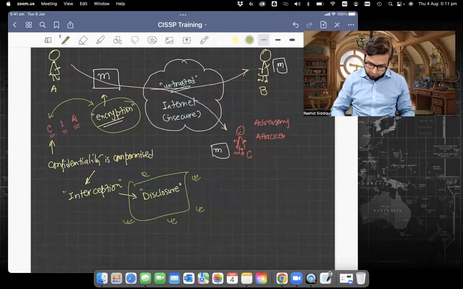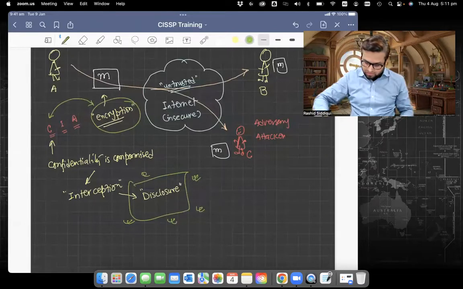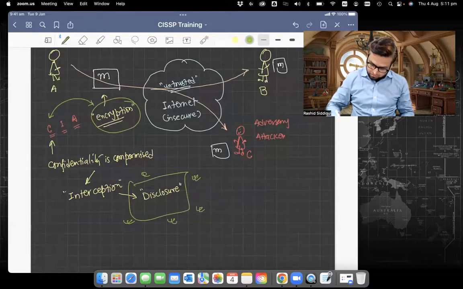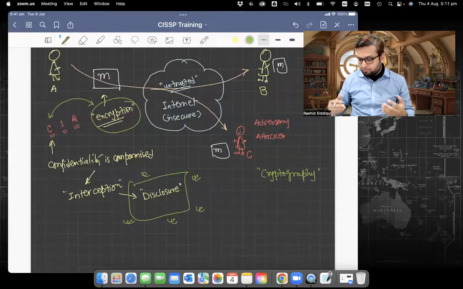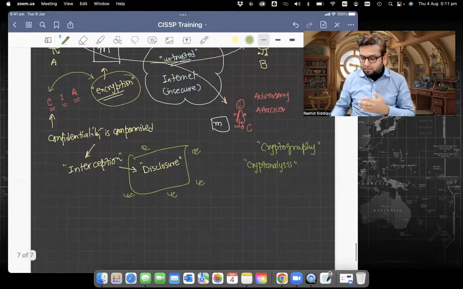Now, how do we encrypt a message? There are many encryption methods. There is a field called cryptography, which is the subject where we study how we can encrypt a message. And there is a different term, cryptanalysis, which is basically the reverse of cryptography.